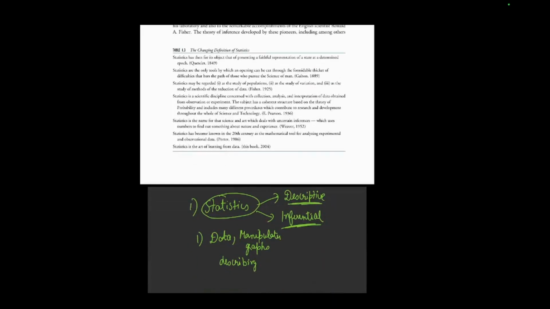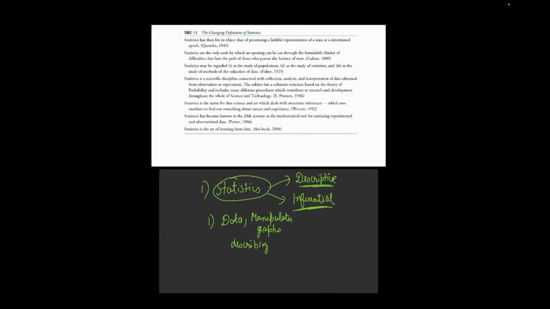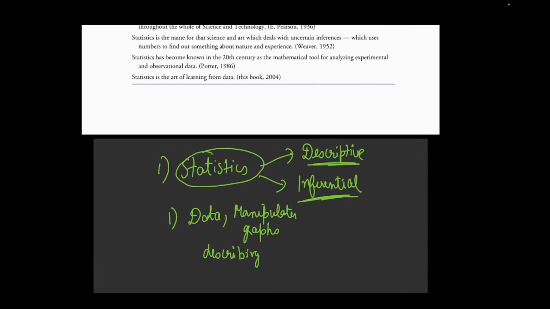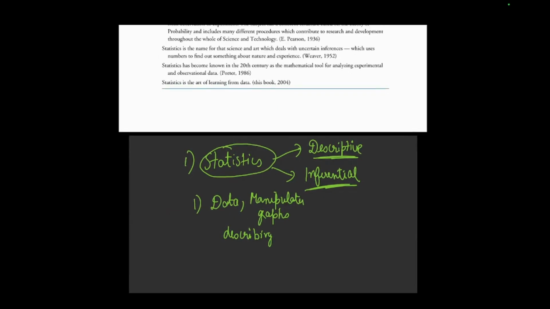The first chapter, Introduction to Statistics, gives a brief about statistics, what it is, what the types are, and all. Statistics basically refers to the analysis that we do regarding any data.